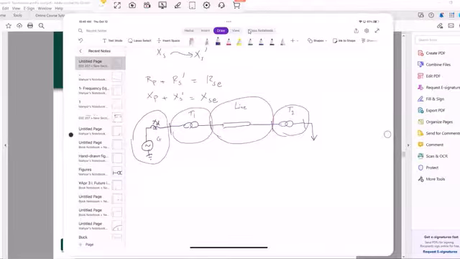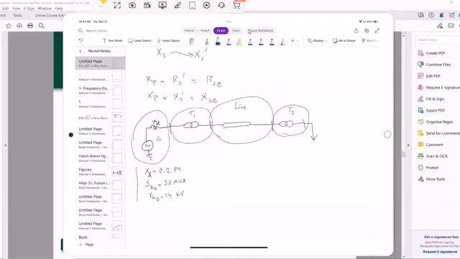Let's say XD is equal to 0.2 per unit on the base of my generator, which is, let's say, 50 MVA, and V base of my generator is equal to 14 kilovolts.